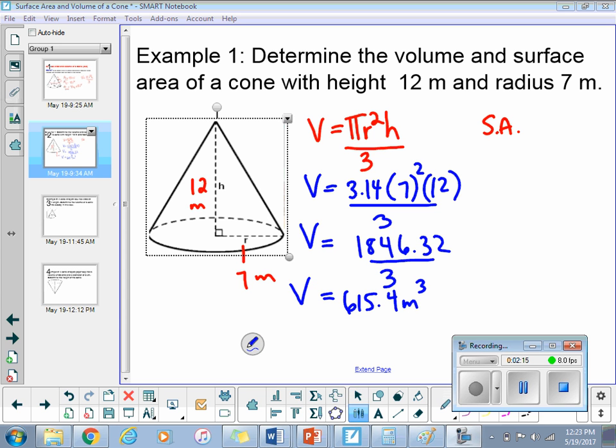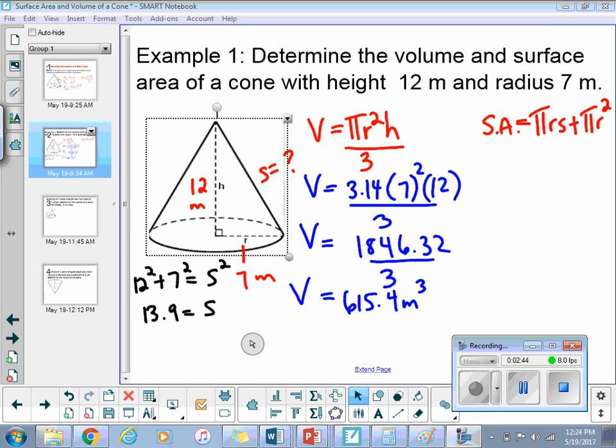And when you're trying to find the surface area, you need something that you're not given in the question directly. So pi r s plus pi r squared. We don't have s, and we need to find out what that is. So hopefully you know how to do that. Again, pause the video, do that on your own, and come back and check to see if you did it right.